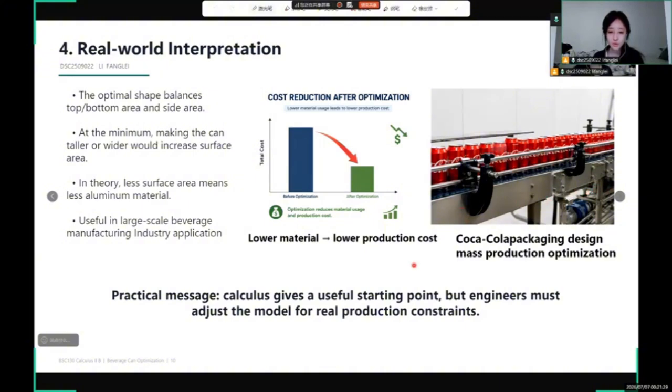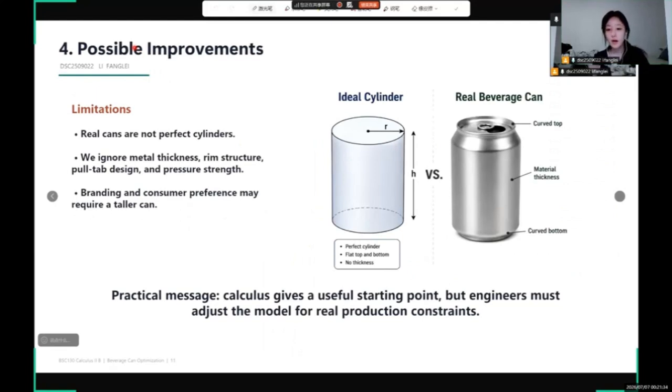Next, we move to the limitations of our model. Although our results are mathematically correct, the model is based on several ideal assumptions. First, we assume the can is a perfect cylinder, which is not completely true in real manufacturing. Second, we ignore the metal thickness of the material, as well as the design of the can lid, such as the rim and pull-tab structure.